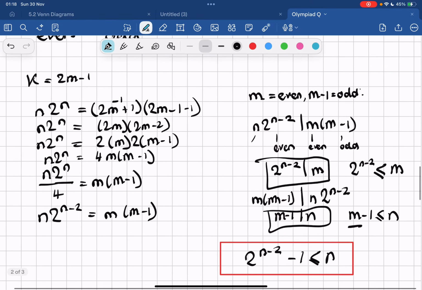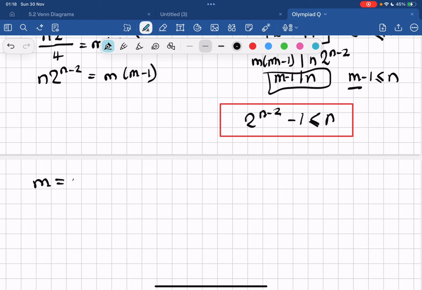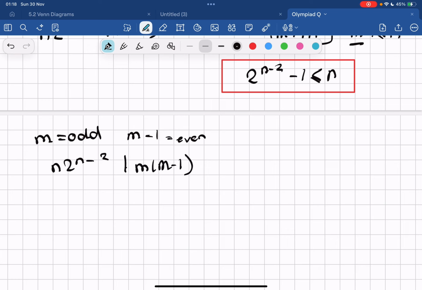Now let's take a case when m is odd, where m minus 1 is even. So we know n times 2 to the n minus 2 is m times m minus 1.